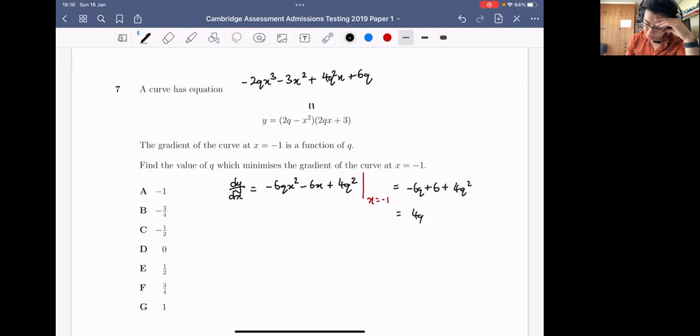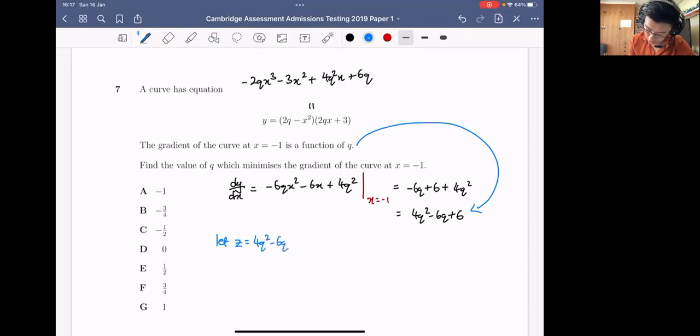I'll just rewrite that. Okay, and notice that this is indeed a function of q. So now we want to minimize it. So we let, I don't know, z equal 4q squared minus 6q plus 6. So that dz on dq is 8q minus 6.